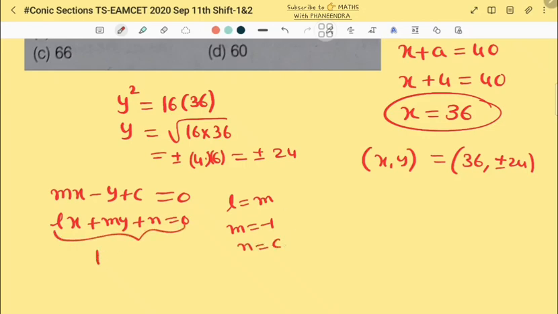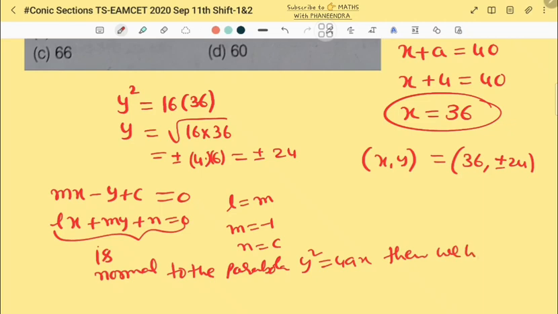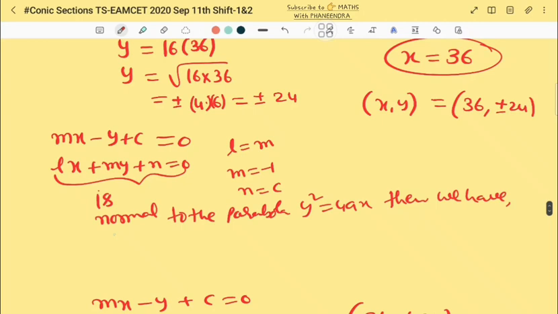This line is normal to the parabola y square is equal to 4ax. Then we have the condition, the condition is al cube plus 2al m square, which is there in the IPA.